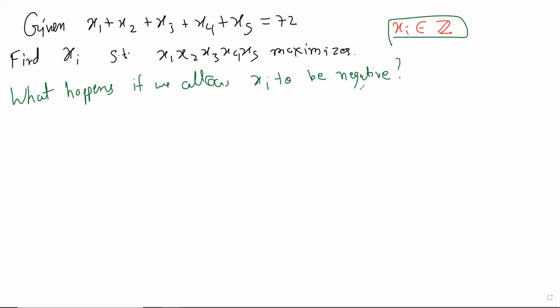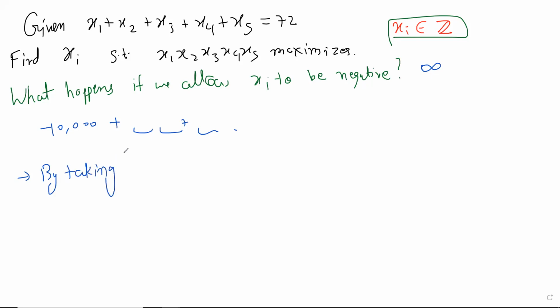Right, can you give an example? You are right, but can you give an example? Yes, you just have to make sure that you have an even number of negative numbers.